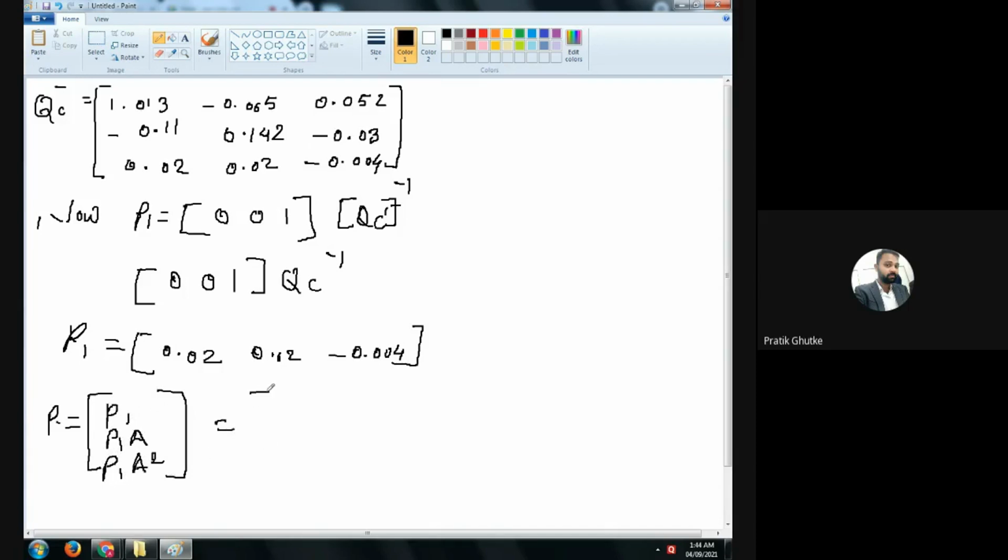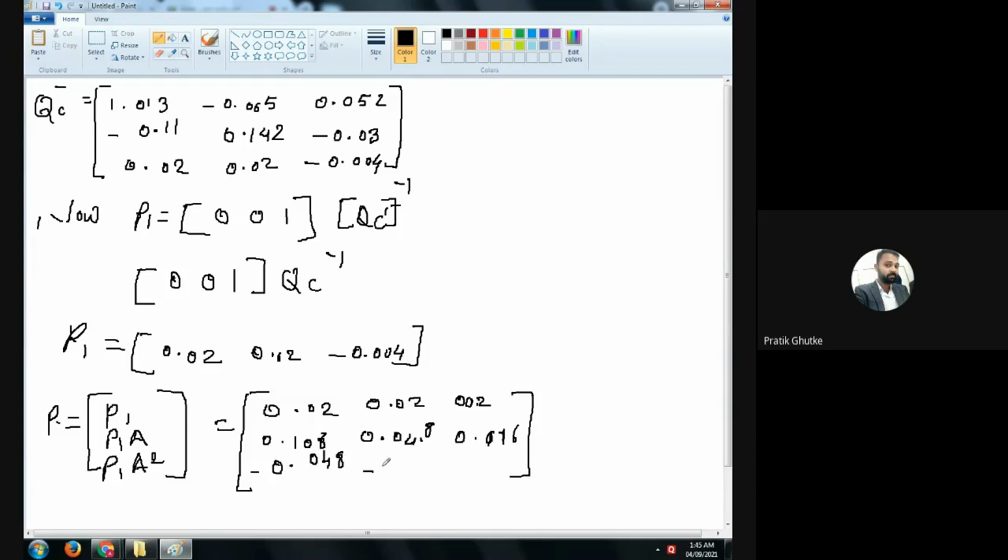You have to find all these values, and it comes as 0 0.02, 0 0.02, 0 0.108, 0 0.048, 0.1016, and last row minus 0.048, minus 0.004, 0.192. This is your P matrix.